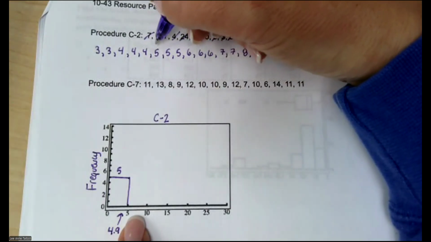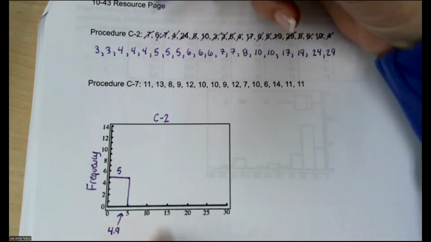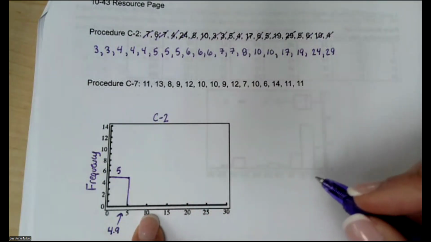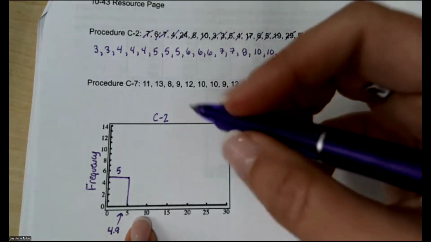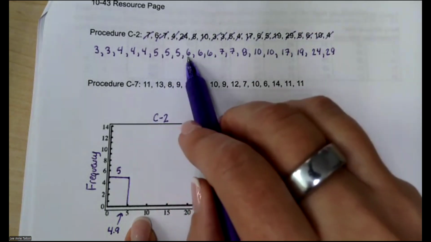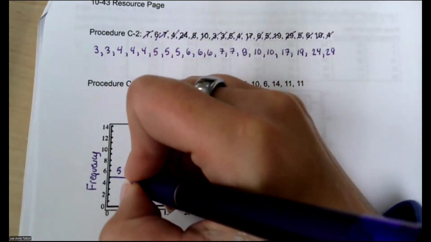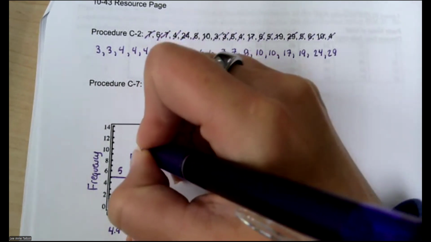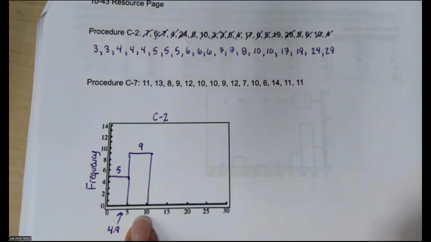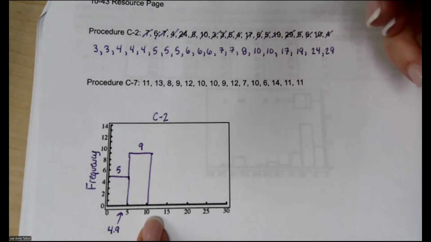Now it's really important everyone hears me when I say the next bin is 5 to 9.9. None. And then what is this bin?